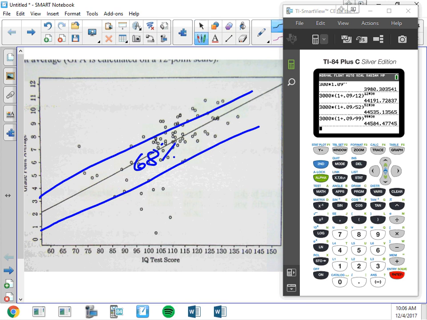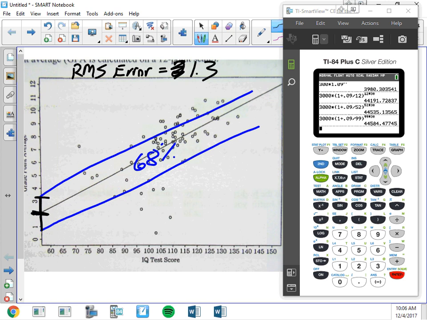So I draw the lines that capture 2/3 of the data, and then I just look how far it is from here to here. So it looks like from about 2 to about 3.3. So I'm going to guess the RMS error to be 1.3.